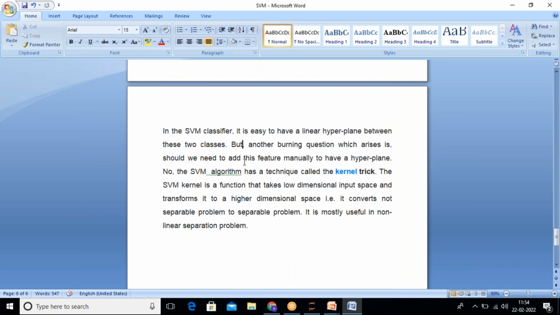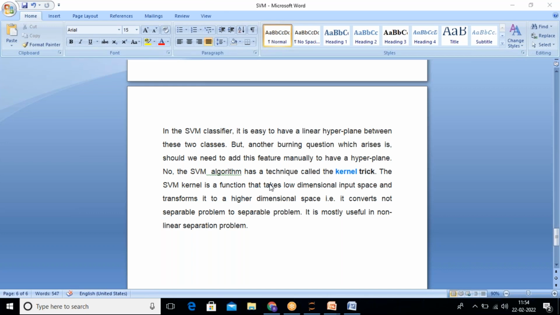And the SVM kernel trick is applied to solve what? It is used to solve non-linear separation problems.